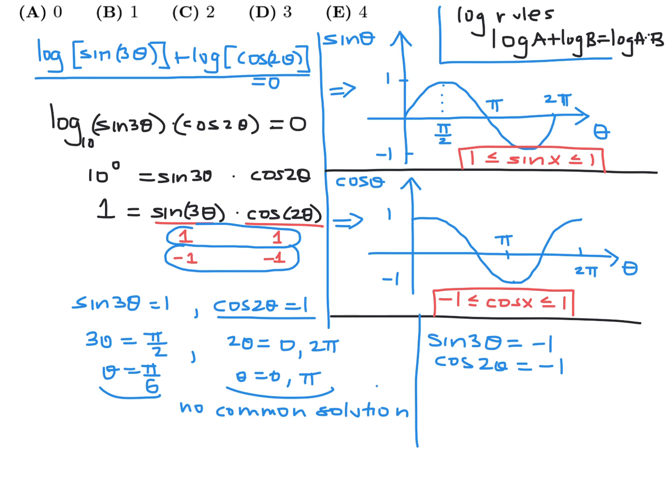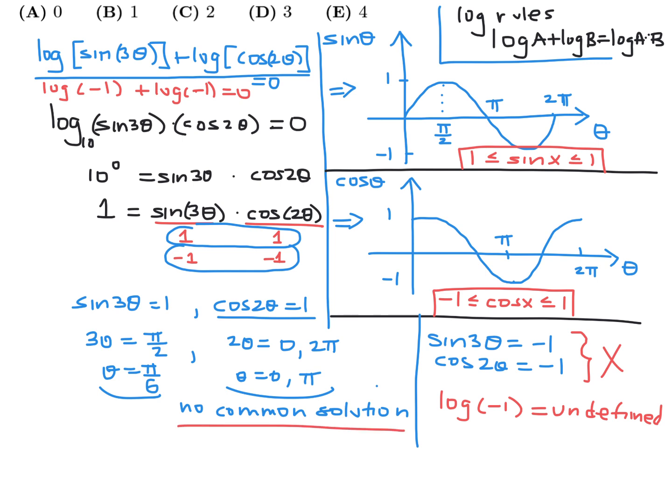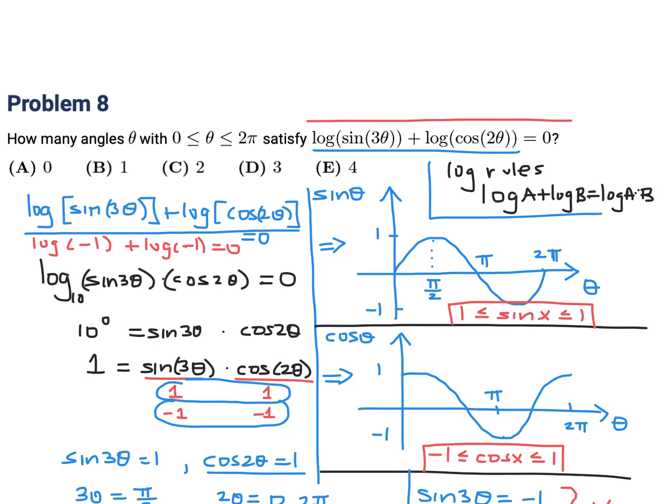If we substituted these, it would become log of negative 1 plus the log of negative 1 is equal to 0, and that falls apart. Why? Because you can't take the log of a negative number. The log of negative 1 is undefined. So this is invalid, and the other has no common solution. So there's no solution to this equation.